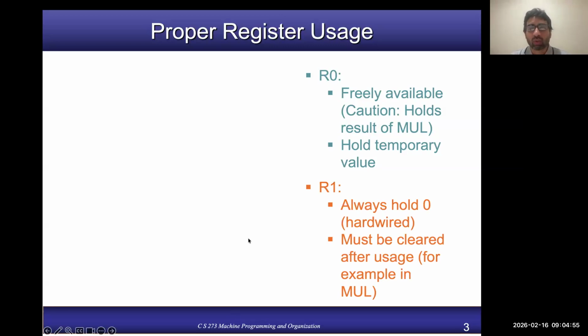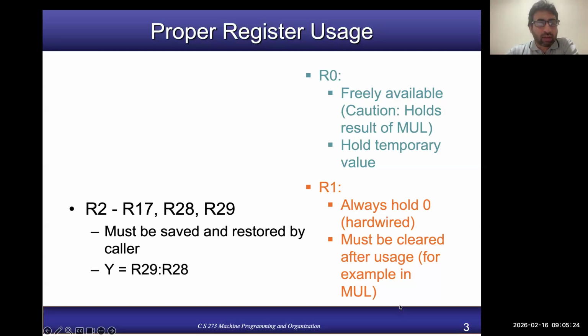So if you are using it, you must clear it after using, which means you need to reset it back to 0. Okay. So if you don't write anything to R1, by default, when you power up your microcontroller, R1 will have a value of 0. And if you are using it, just make sure that you write 0 back to it once you are done using the R1 register.